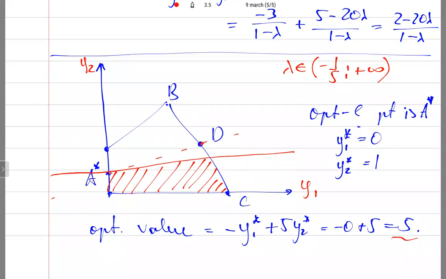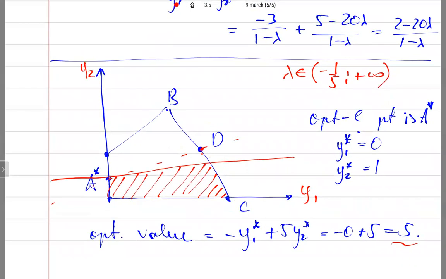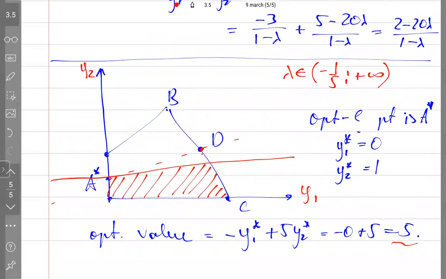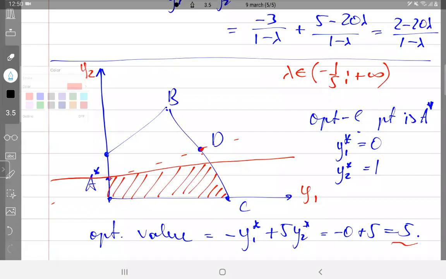Because at the point D, the optimal value should be approximately equal to the optimal value at the point D plus minus epsilon, if I move it by epsilon to the left, to the right, in any side. Oh, and bingo! I just will write the answer. Finally, I have the answer.